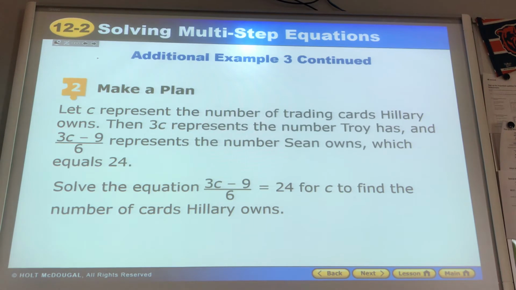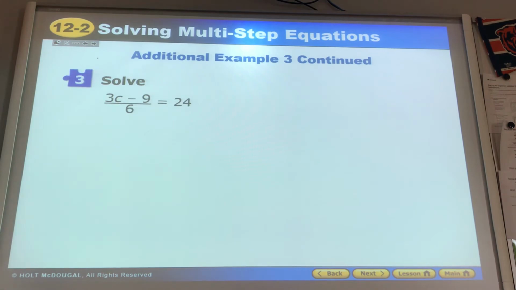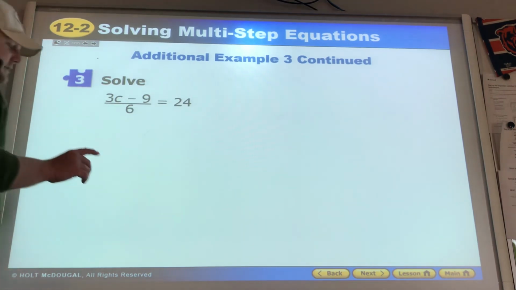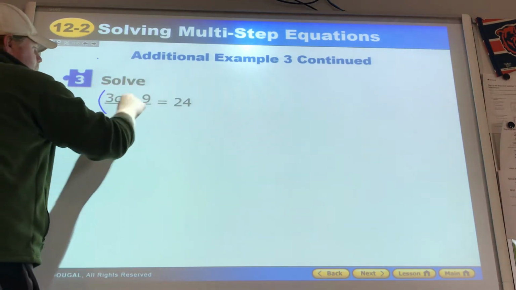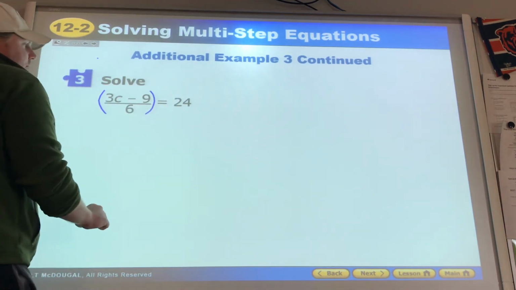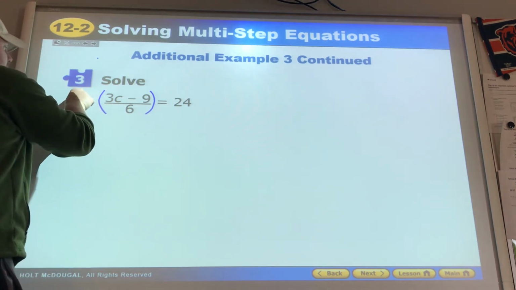Okay, so we have this problem that we're supposed to work with. Pretty complex. Here would be my suggestion. Think of that as parentheses. I'm going to multiply this side by 6.